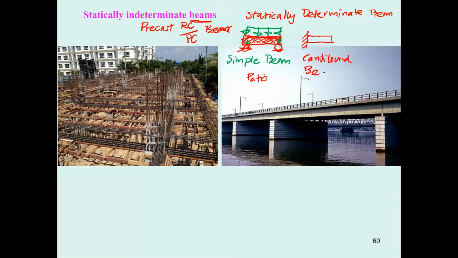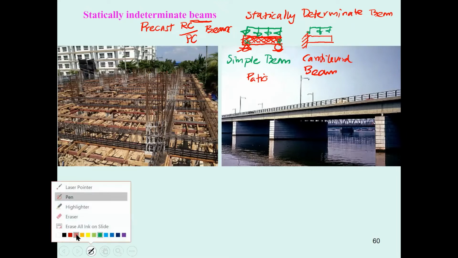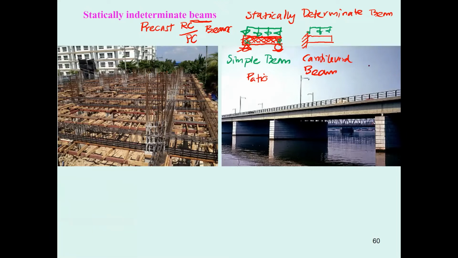The beam has a fixed support and a free end, and this one can be solved by using the free body diagram and the equations of equilibrium, same as the simple beam. And the last one, which you also know about since your engineering study, is called the overhanging beam.